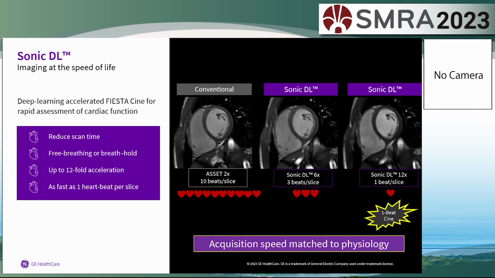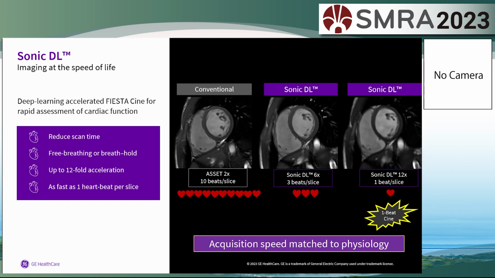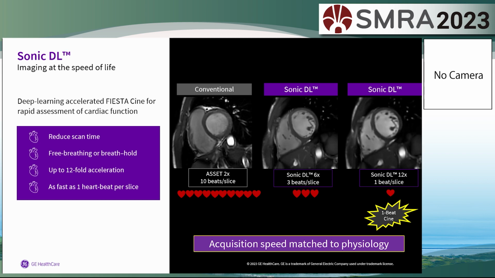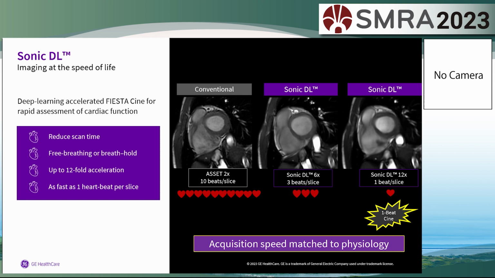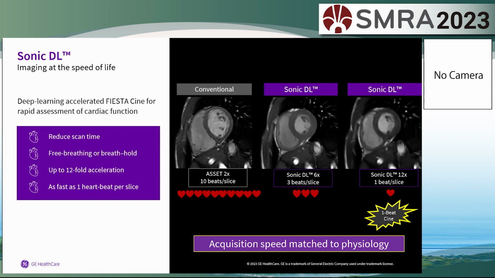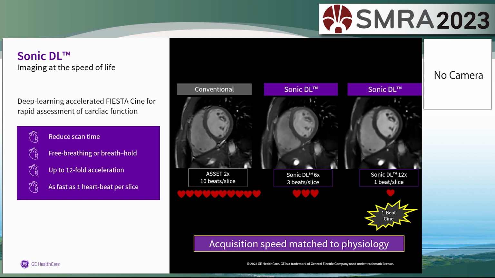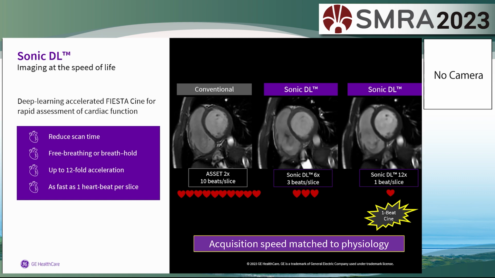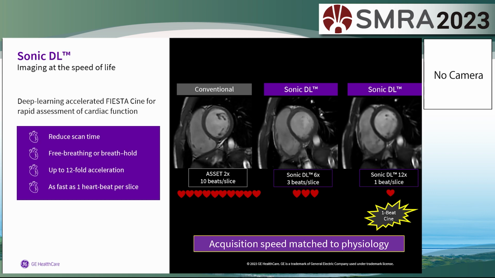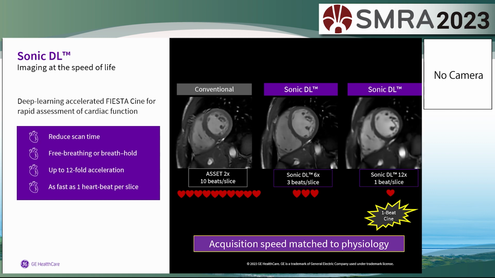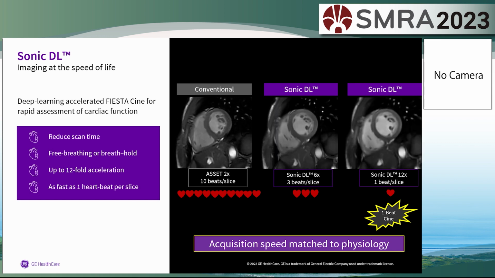As you can see on the right side, the conventional approach with the parallel imaging techniques typically requires a significant number of heartbeats to collect the data for one slice, but with the Sonic DL, we can collect the image with fewer heartbeats compared to the conventional approaches. Our Sonic DL allows a much higher acceleration factor compared to the parallel imaging.